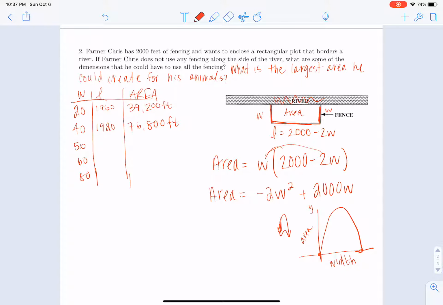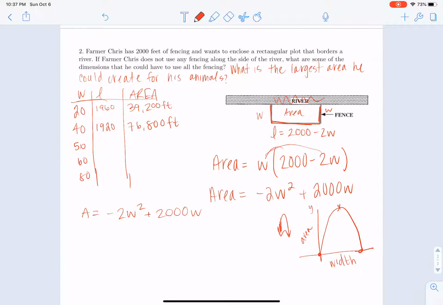So thinking about where the maximum area could potentially happen here, that's going to be at the vertex of my parabola. So I can go ahead and solve this. A equals negative 2W squared plus 2,000W. I can solve this however I would like for the vertex of my parabola.